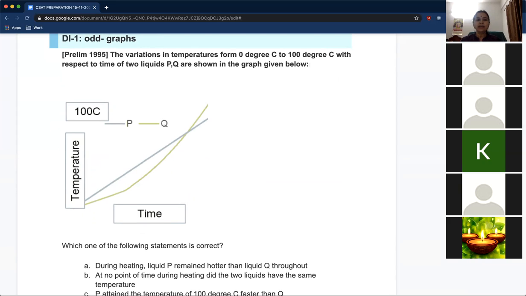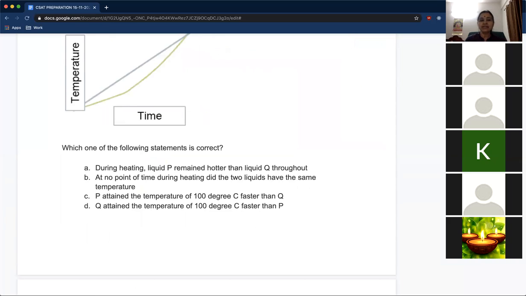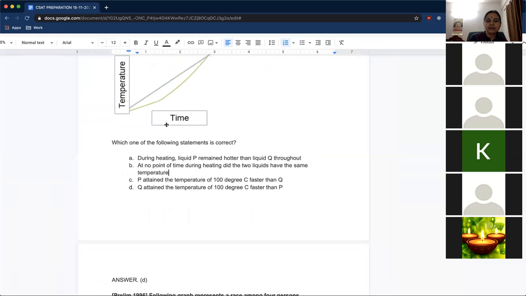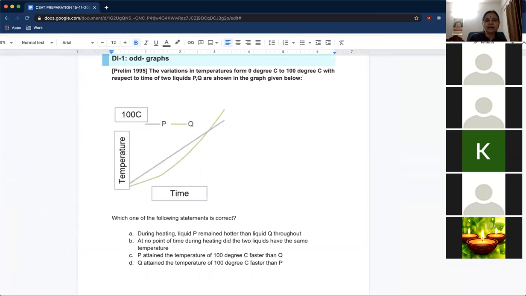The question shows the variations in temperature from 0 degrees to 100 degrees with respect to time of two liquids, P and Q. P is represented by a gray line, Q by a greenish yellow line. This level is 100 degrees centigrade. Which of the following is correct? Look at the graph and see.